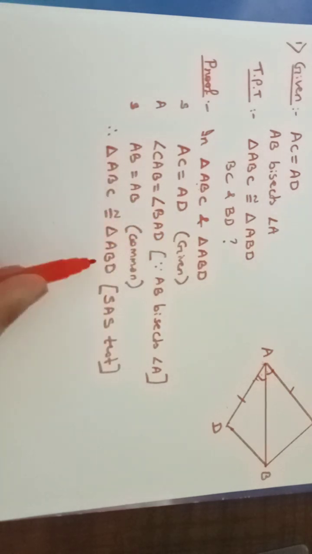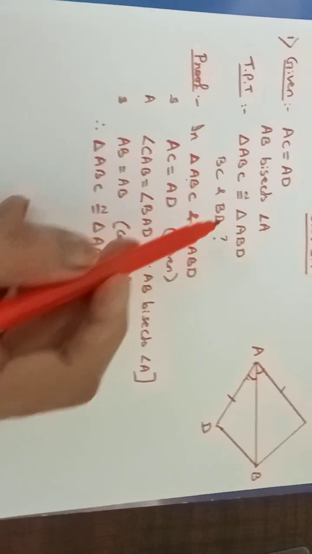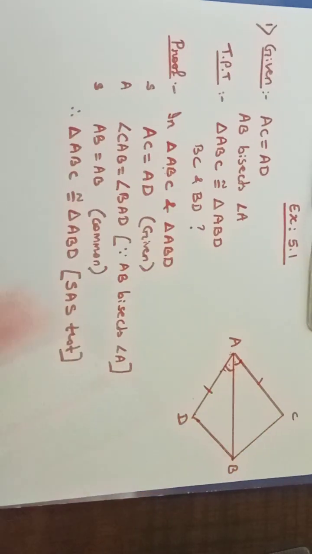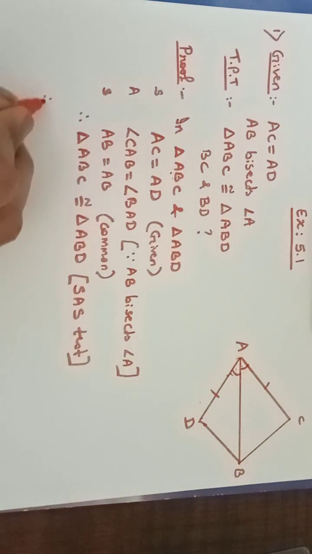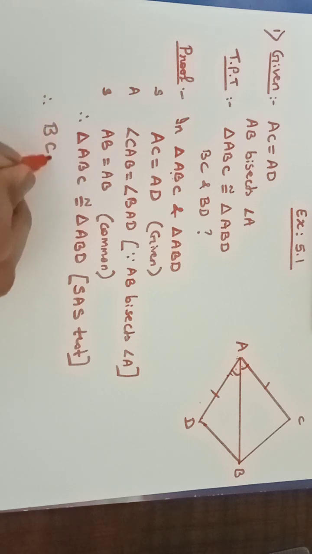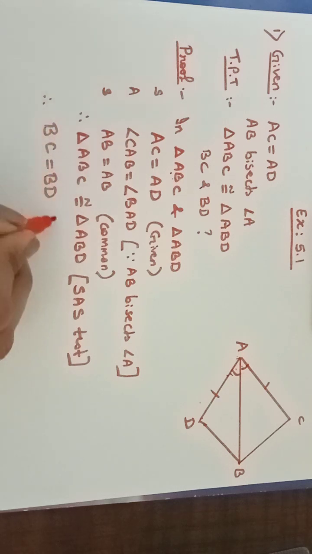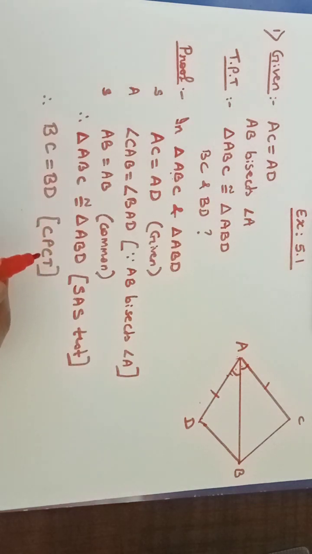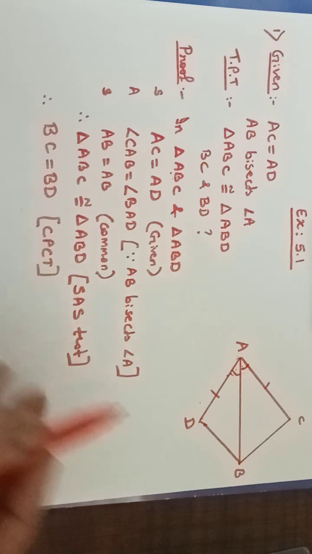Now after these two triangles are congruent, what can you say about BC and BD? We can further write, therefore BC is equal to BD. What is the reason? CPCT. What is the meaning of CPCT? Corresponding parts of congruent triangles. So whenever two triangles are congruent, their corresponding parts are also congruent.